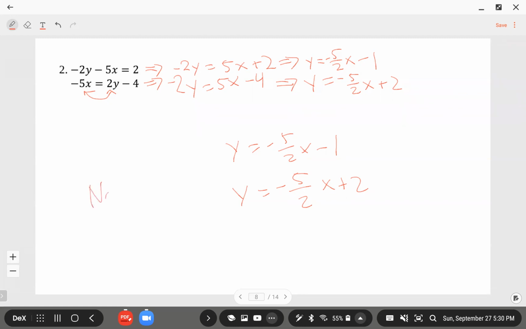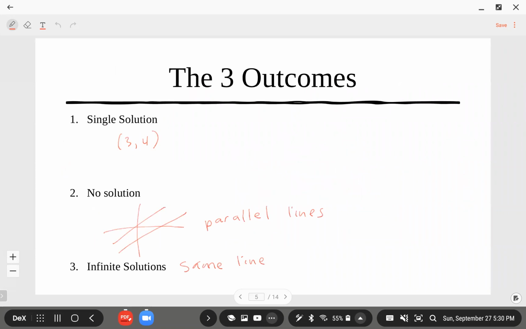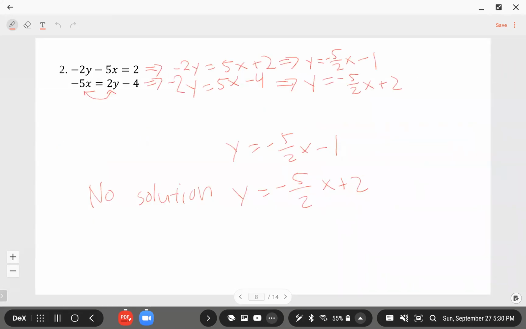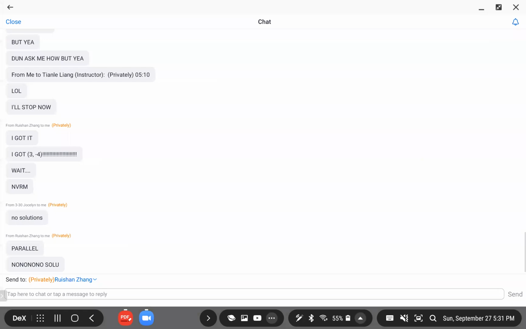Because parallel lines never intersect, right? So, recall from this slide, parallel lines have no solution. So did everybody get that?